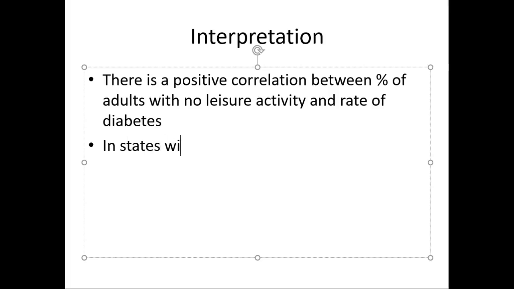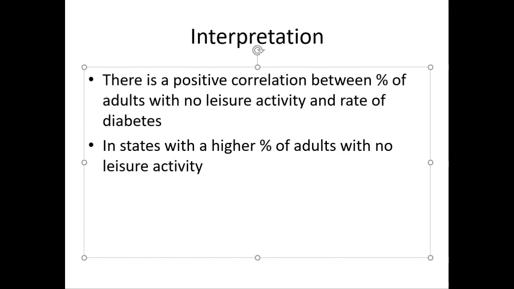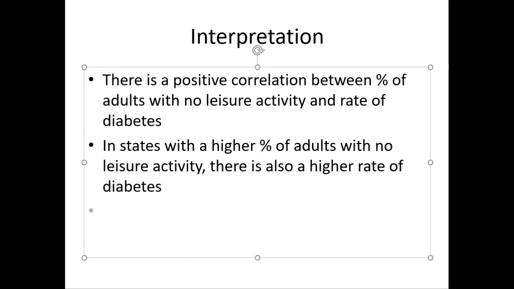In states with a higher percentage of adults with no leisure activity, there is also a higher rate of diabetes. And then we want to go on to our limitations. So let's do that one quickly.